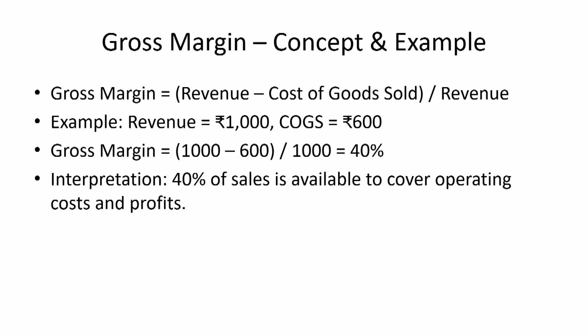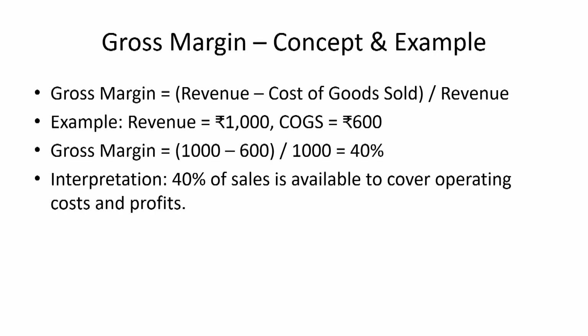So, 1000 minus 600 divided by 1000 gives me a value of 40%. How can I interpret this? 40% of the sales is available to cover operating cost and profits. So, this is the basic formula of gross margin.